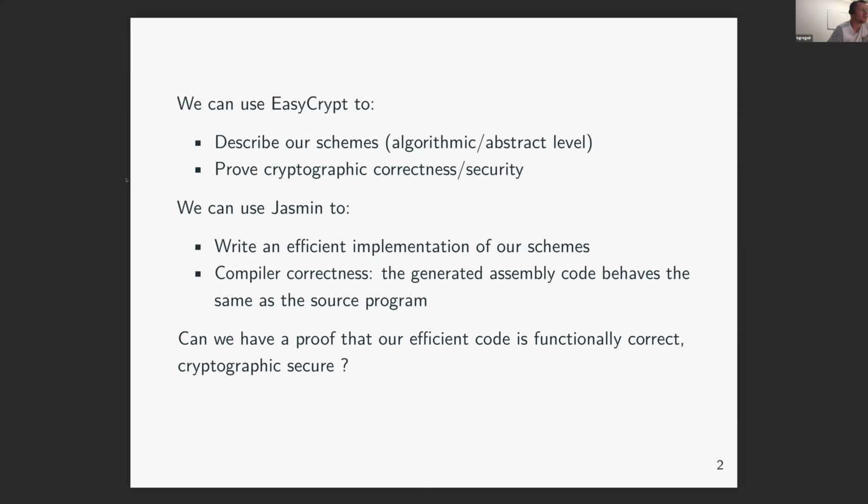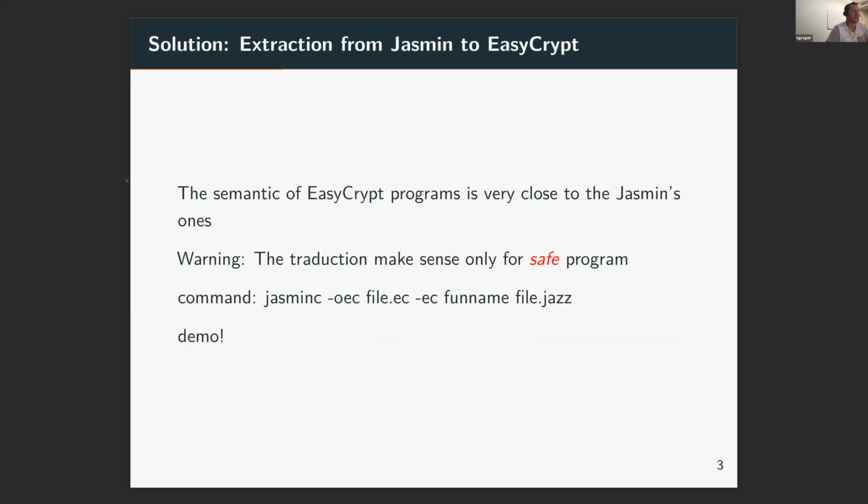So the answer naturally is yes, here at least. And the point is that the semantics of EasyCrypt programs and of Jasmin programs are very close. This was an important choice in the design of the Jasmin language, to make it really suitable for program verification.